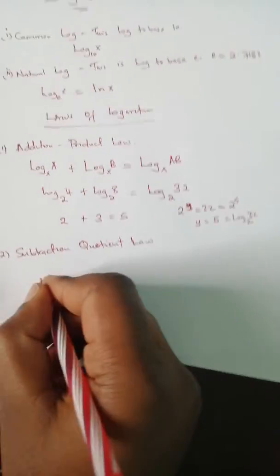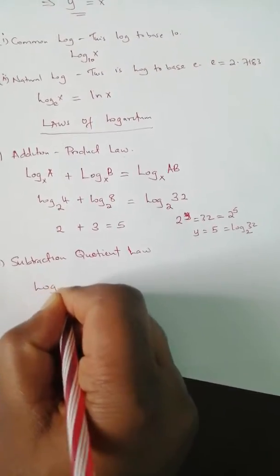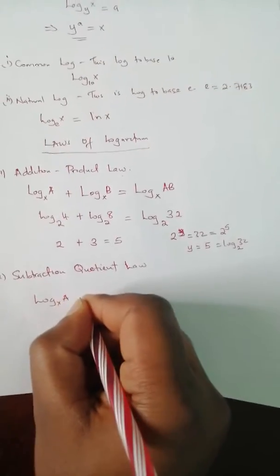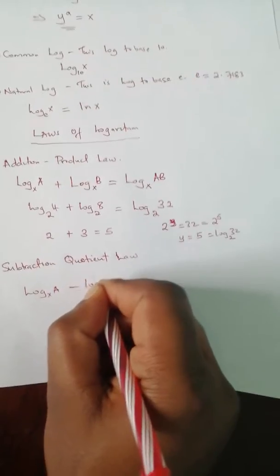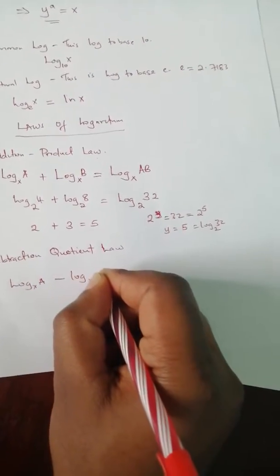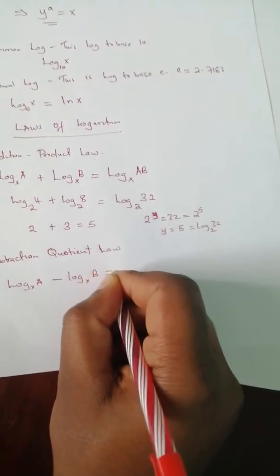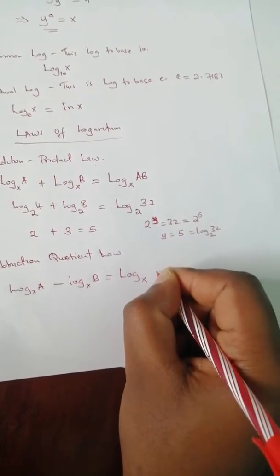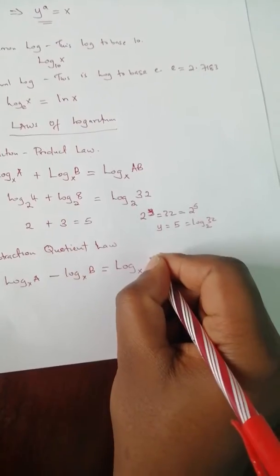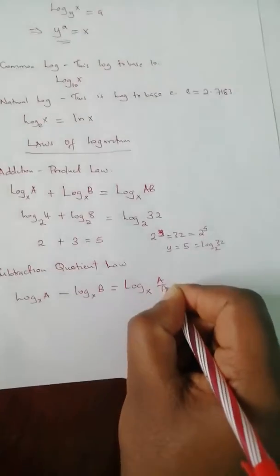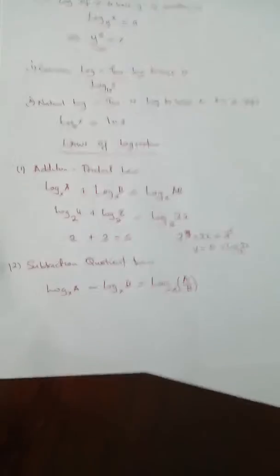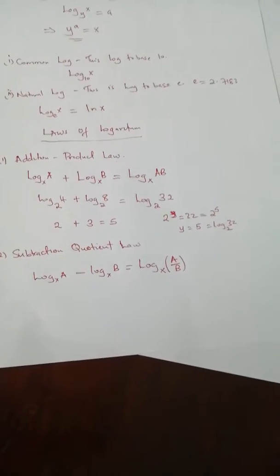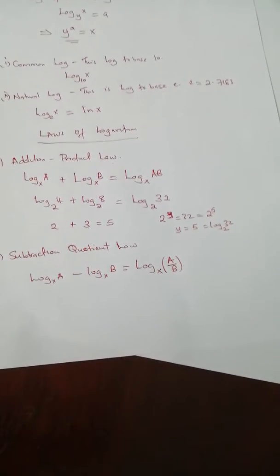It states that log to base x of a minus log to base x of b is the same as log to base x, then you find the quotient between a and b. So that's the second rule of logarithm.